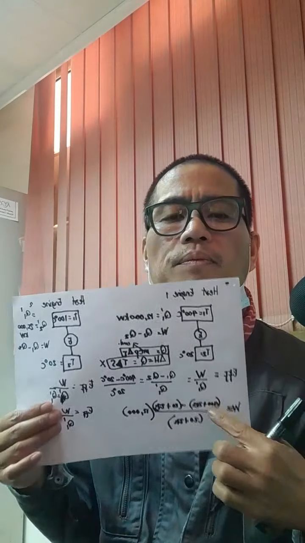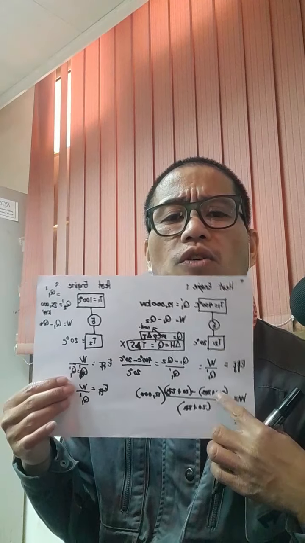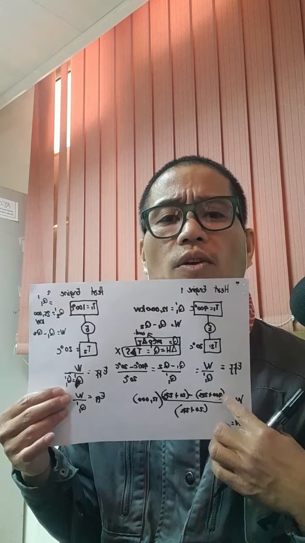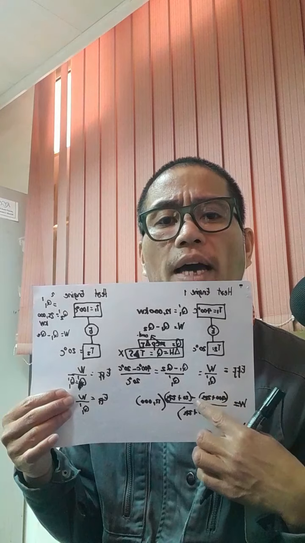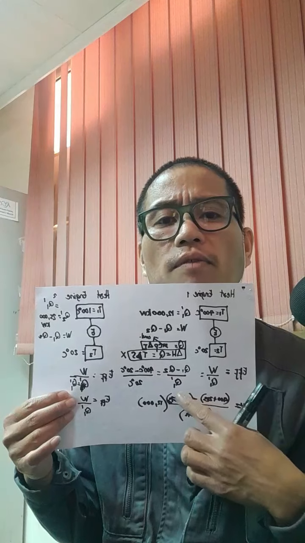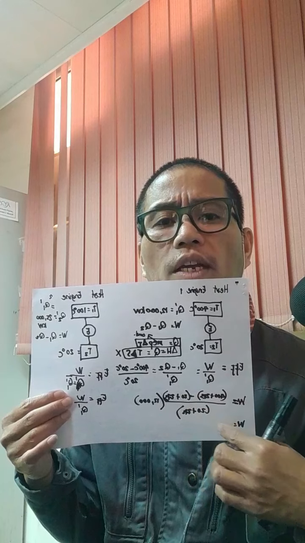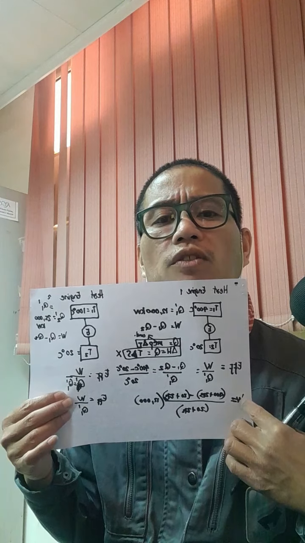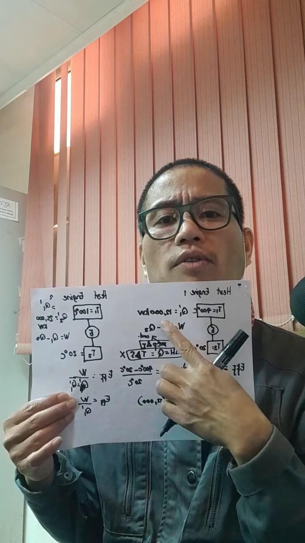We need to convert the 400 degrees Celsius to Kelvin. So 400 plus 273 minus 20 plus 273 over 20 plus 273, times the heat drawn, which is equal to 12,000 kilowatts.